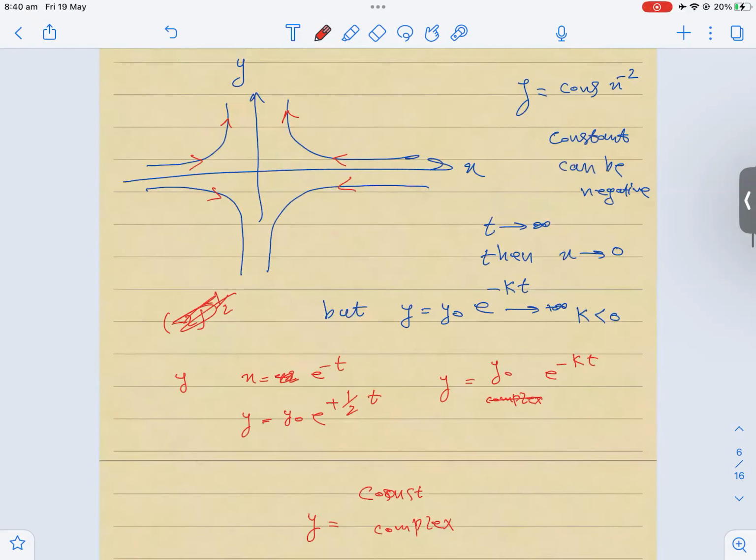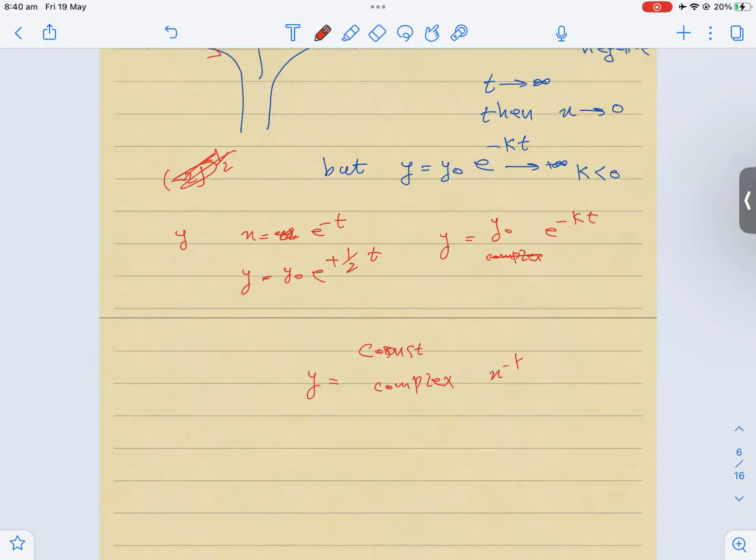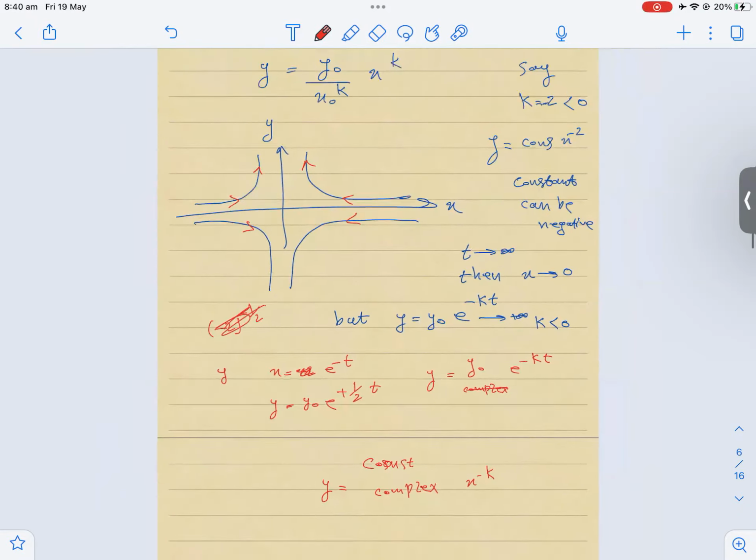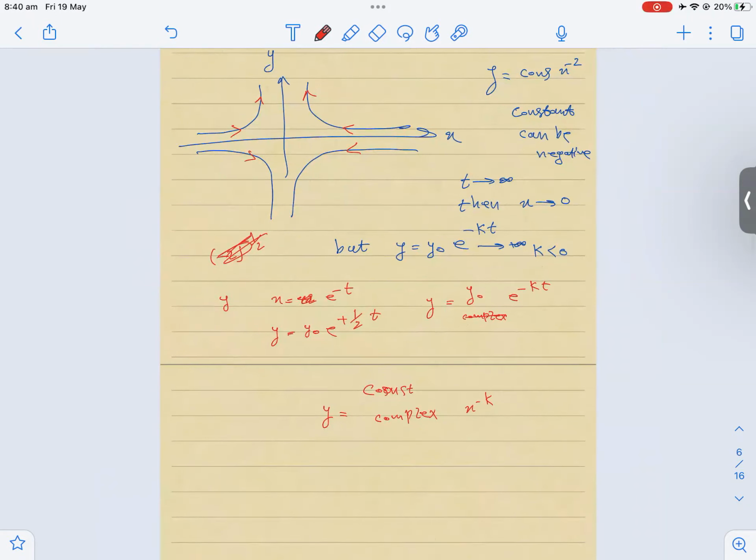This means x to the minus k. So it works for integers, but it won't work for anything else. I'll have a look at the definition. I see.